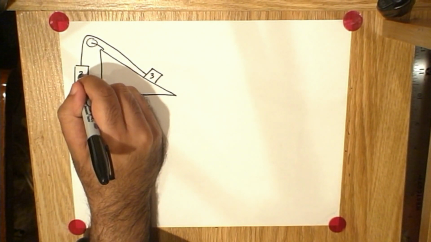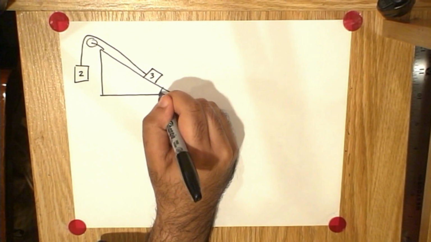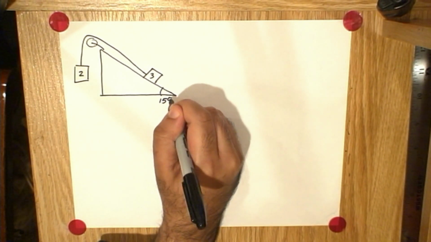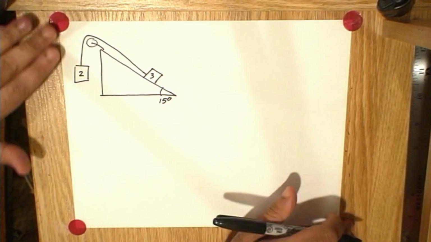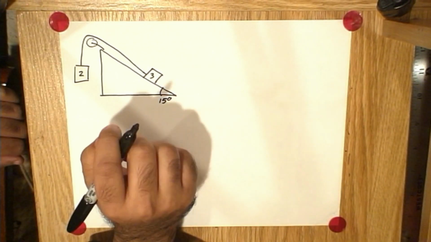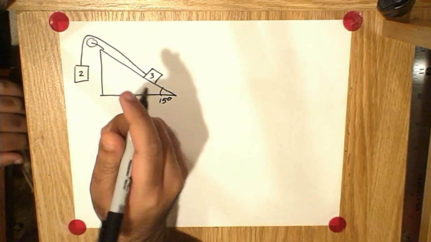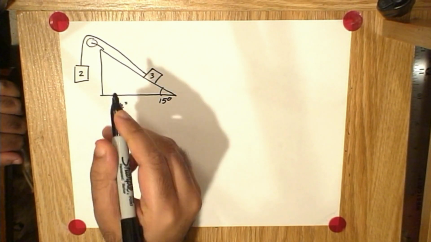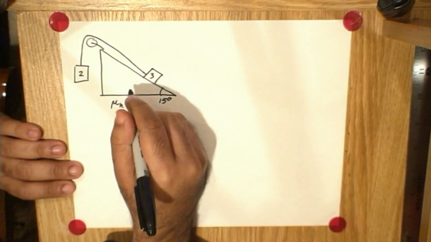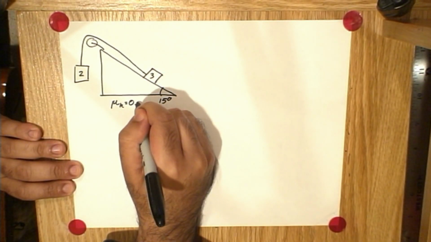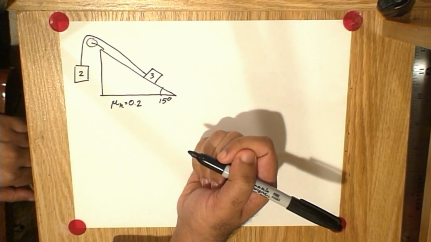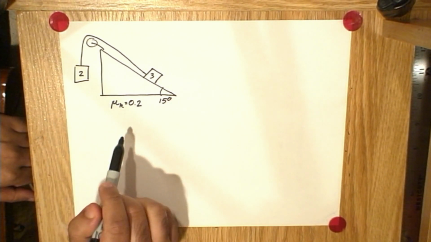The hanging object, 2 kilograms. The angle is 15 degrees. And this time, it's a little bit different because mu for kinetic, the coefficient of kinetic friction, is 0.2. So, this is our full picture.